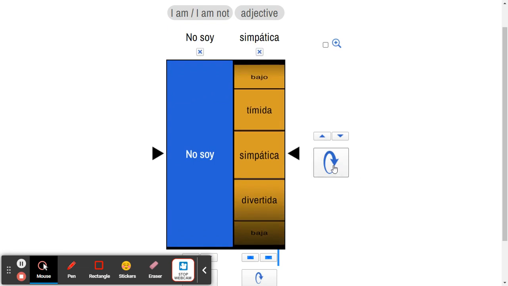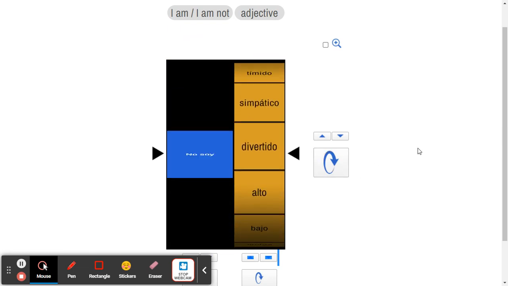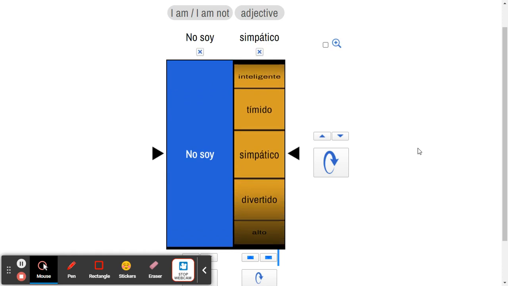Oh, that's the same. Let's go for another one. No soy simpático. What is no soy simpático? That's right. I am not kind or nice. Is that a masculine or a feminine sentence? That's right.